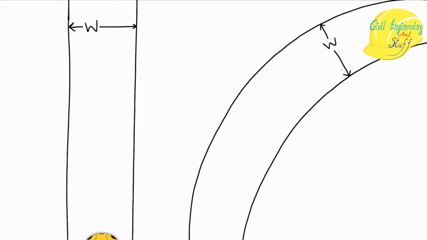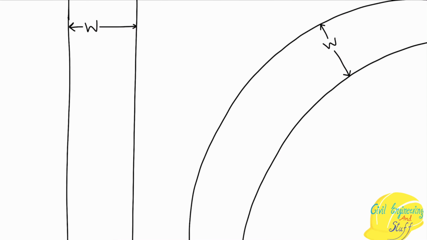So the vehicle that is moving in this straight road will move in a very comfortable way. But if the road is curved and the vehicle tries to enter the road, now you see what happens is that the front wheel of the vehicle or the front axle of the vehicle is movable, right? And the rear part of the vehicle, that is the rear axle of the vehicle, follows the front axle.